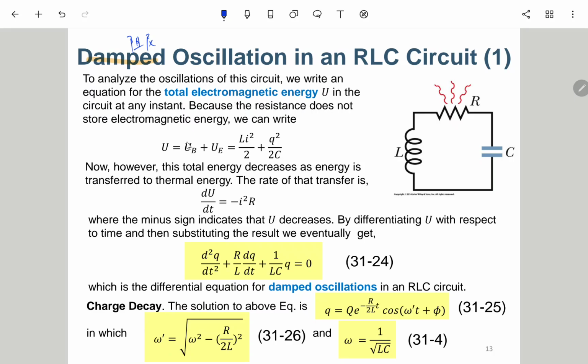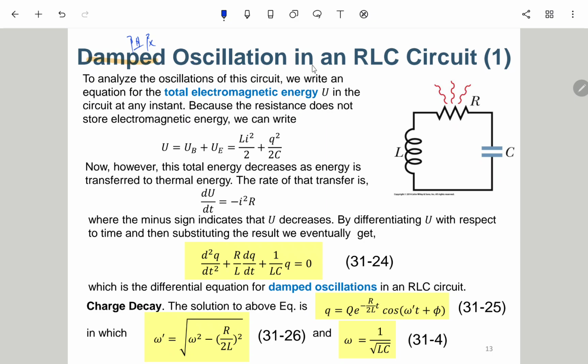Up to here it is still the total energy, U equals U_B plus U_E, the energy stored in the inductor, half L i squared, and the energy stored in the capacitor, Q squared over 2C. And we don't store energy in the resistor.